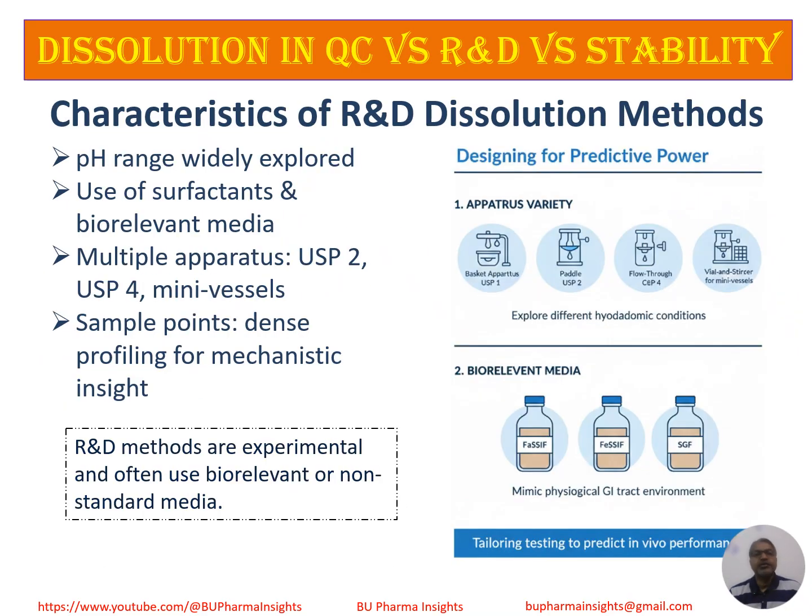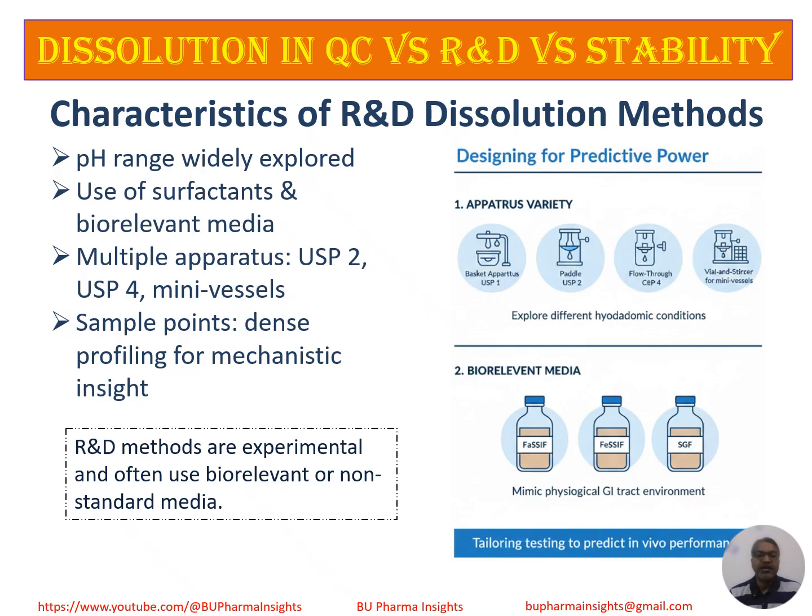In R&D, the dissolution method can be adapted rapidly as new data emerges. For modified release products, teams often use USP apparatus 4 to understand release mechanism under controlled flow conditions. In early development, mini vessels are commonly used to reduce API consumption.